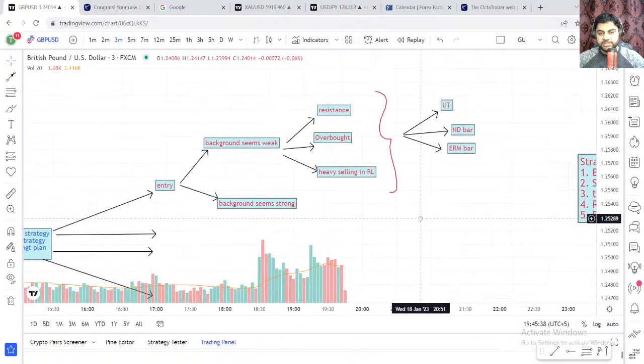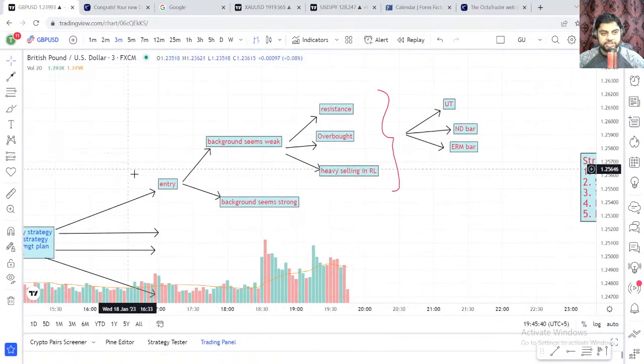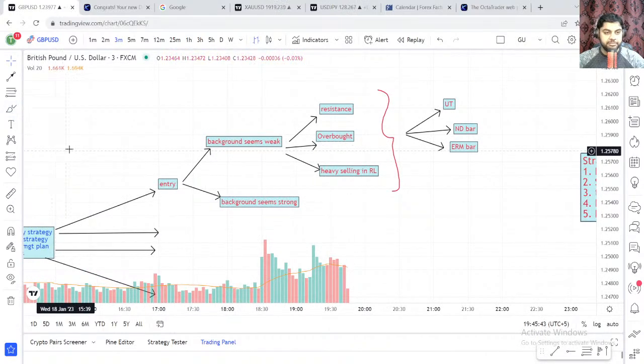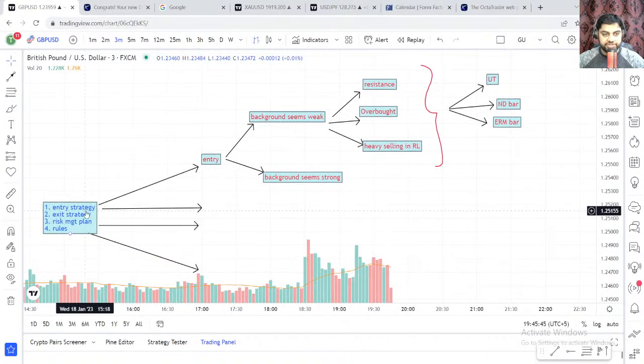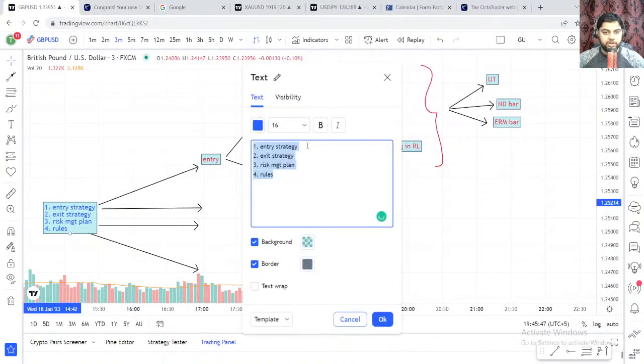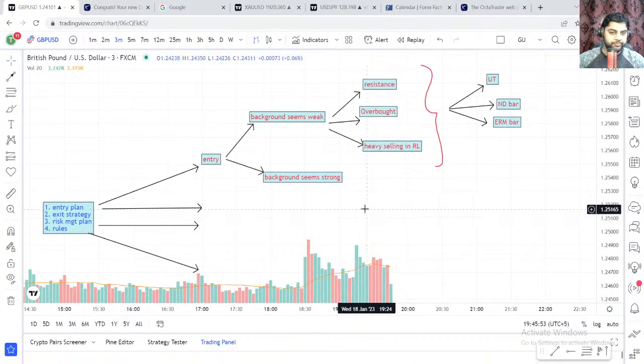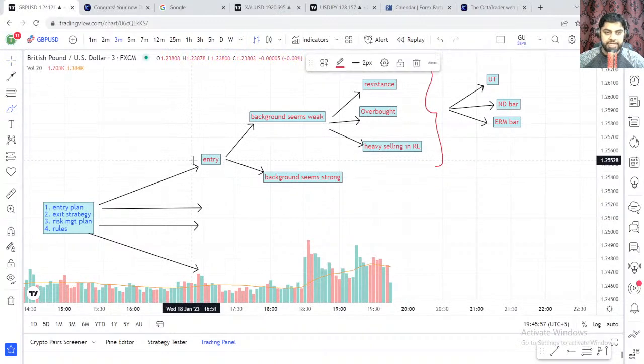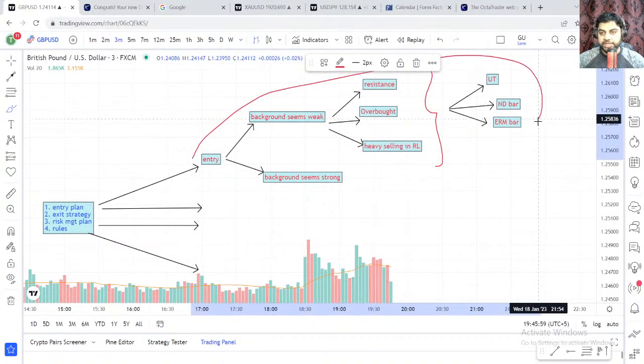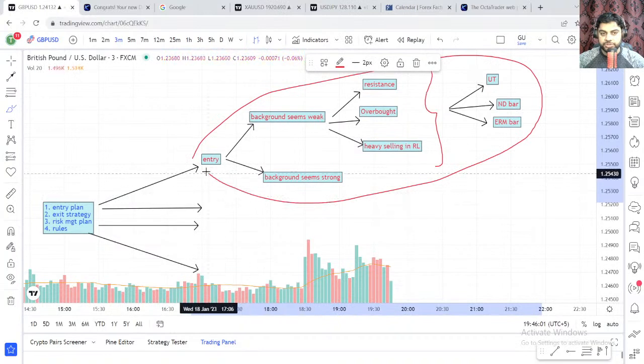So this is the first part of our trading plan. As you can see, we have an entry strategy, or let's call it an entry plan, whatever you like, that's fine. This is just the first part of our trading plan, which only includes entry.